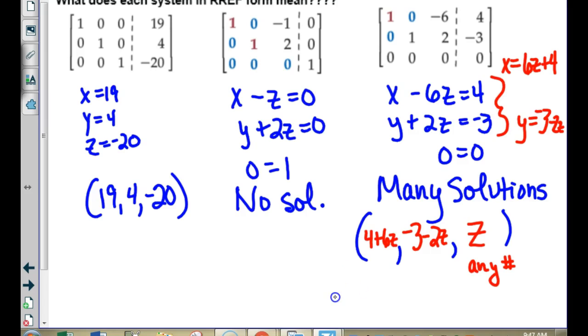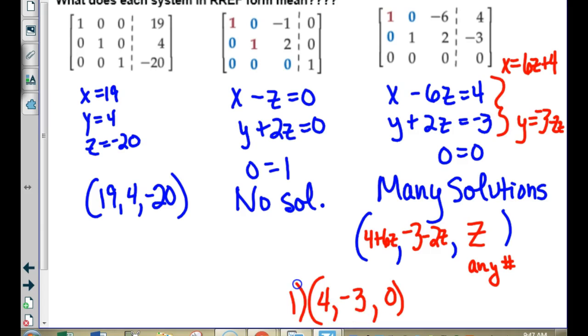So now, while there are infinitely many solutions, this has to be true about the relationship between them. So if I said z was 0, what would this become right here? Negative 3 minus 2 zeros would be negative 3, and 4 plus 6 times 0 would be 4. So there's one of the many solutions.